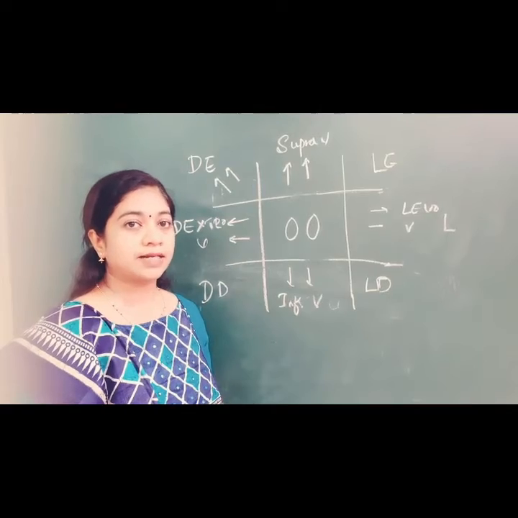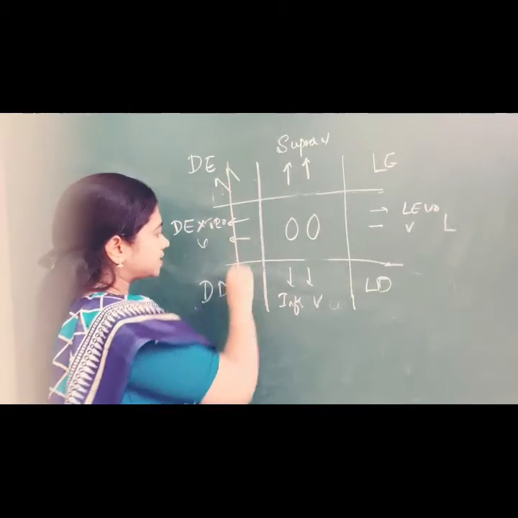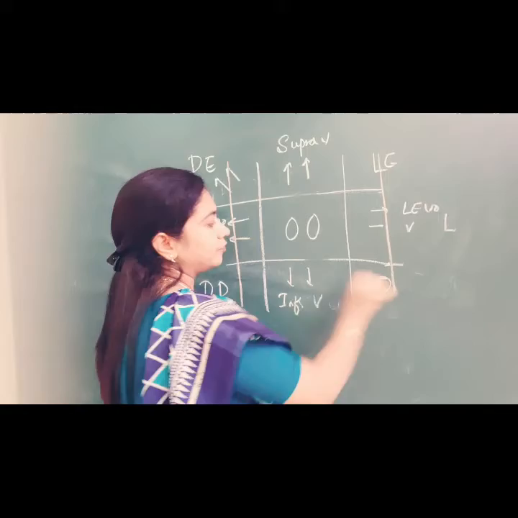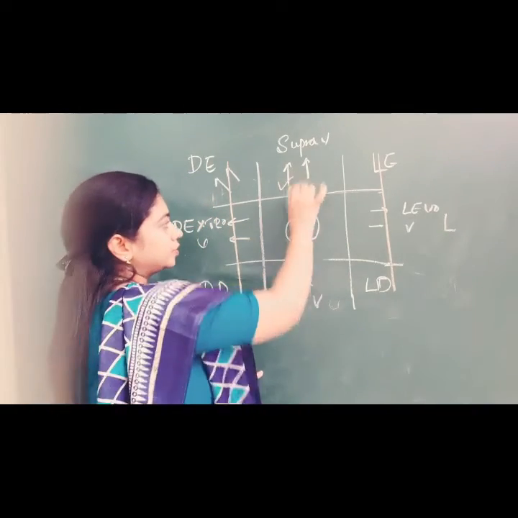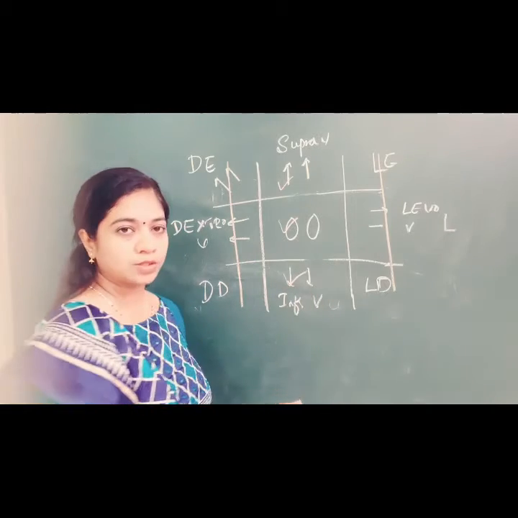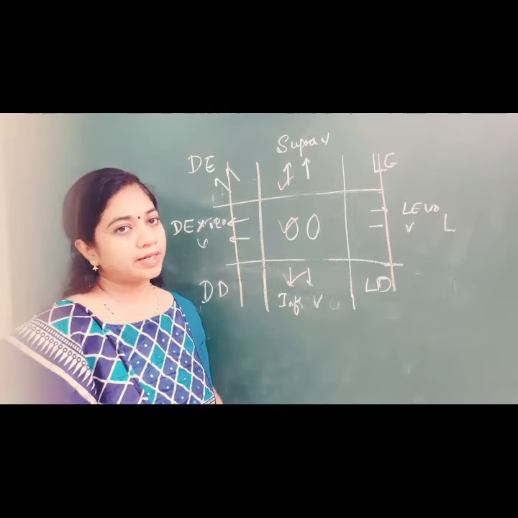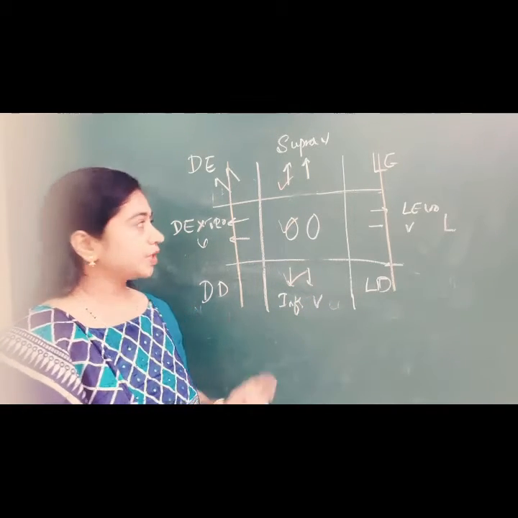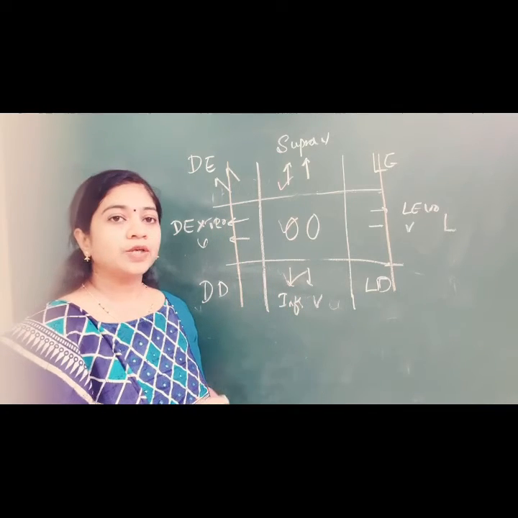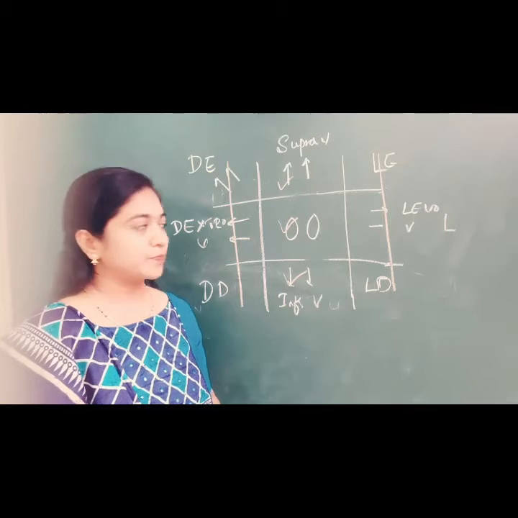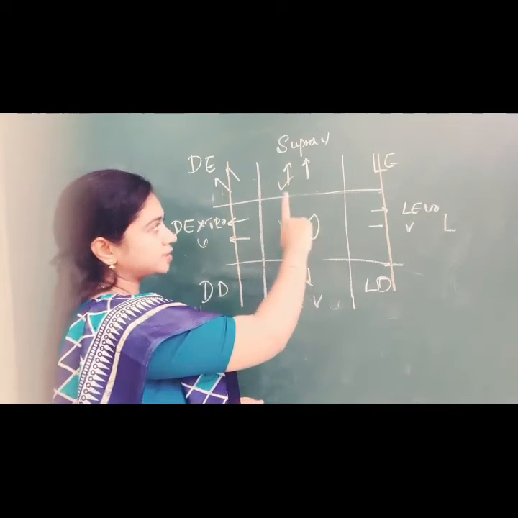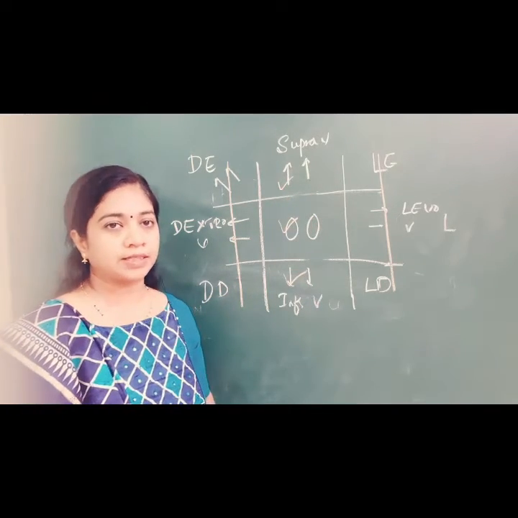There are 6 cardinal positions of gaze. These 3 and these 3 form the 6 cardinal positions of gaze. If you include these 3 also with this, that becomes 9 diagnostic positions of gaze. In cardinal positions of gaze, you can almost make out all 12 extraocular muscles of both the eyes. So adding to this, these diagnostic positions help in making the diagnosis of your squint.